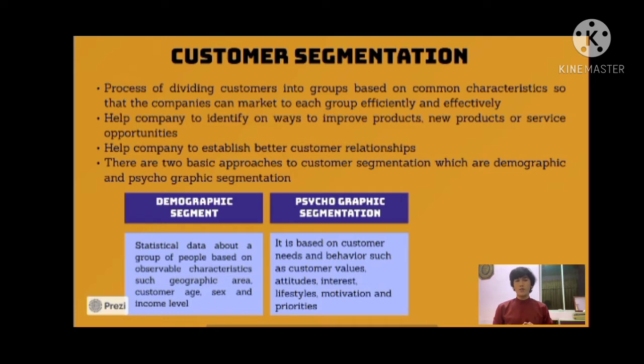Demographic segmentation refers to statistical data about a group of people based on observable characteristics such as geographic area, customer age, sex, and income level. Meanwhile, psychographic segmentation is based on customer needs and behavior such as customer values, attitudes, and lifestyle.